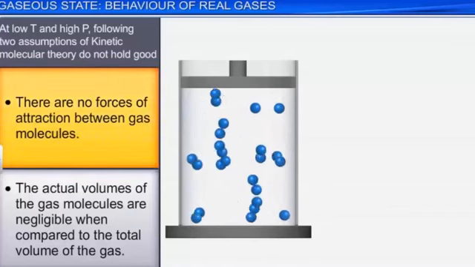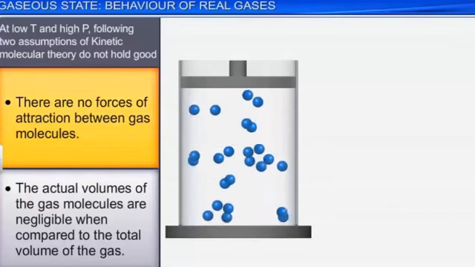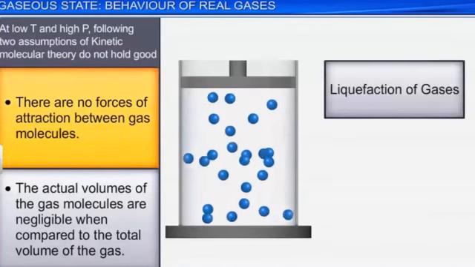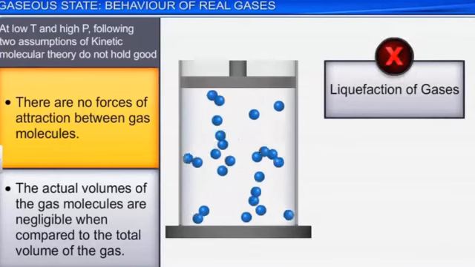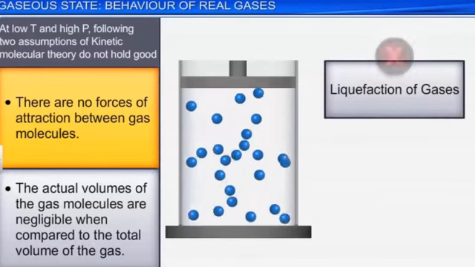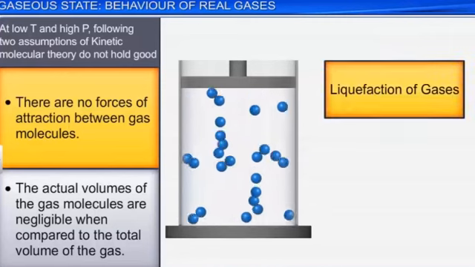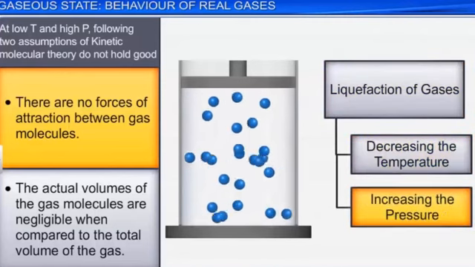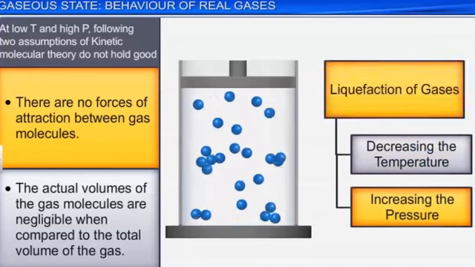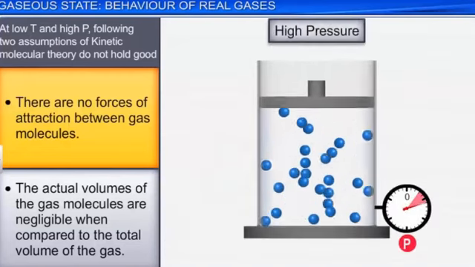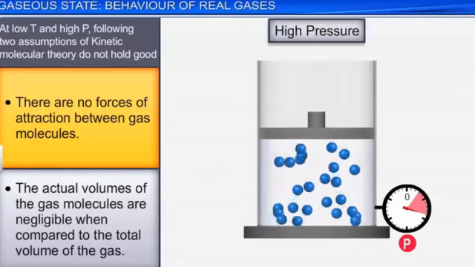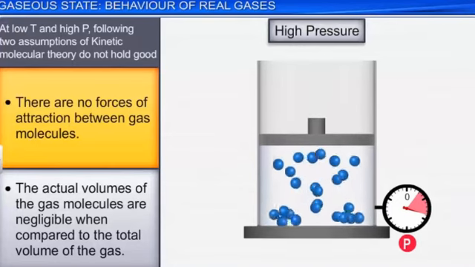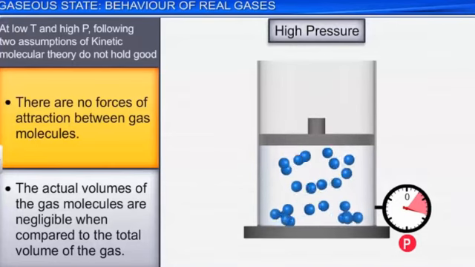If the first assumption is correct, then liquefaction of the gases wouldn't be possible. But we know that gases can be liquefied by decreasing the temperature and increasing the pressure. At high pressure, molecules of gases are very close to each other, and the intermolecular attractive forces start operating.